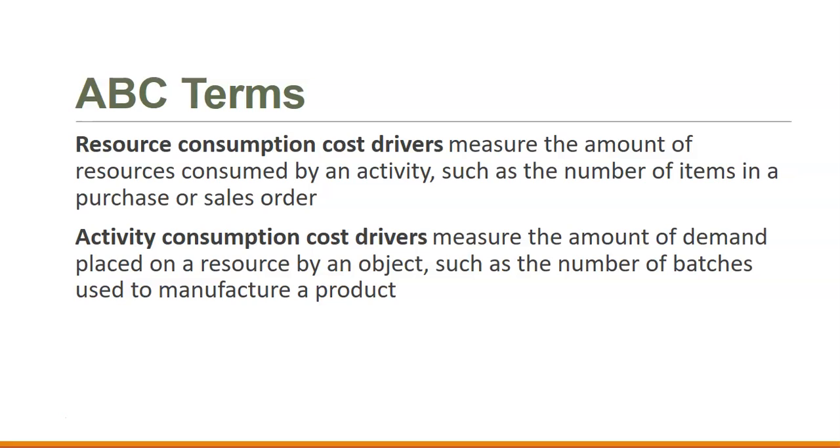So resource consumption cost drivers measure the amount of resources consumed by an activity: the number of items in a purchase or sales order, the number of hours used by a machine, the number of setups for a machine for production runs, the number of square feet in a factory. And activity consumption looks at the amount of demand placed on a resource by an object, the number of batches used to manufacture a product, or just the product line itself.